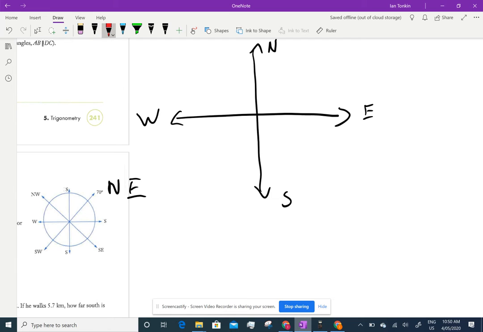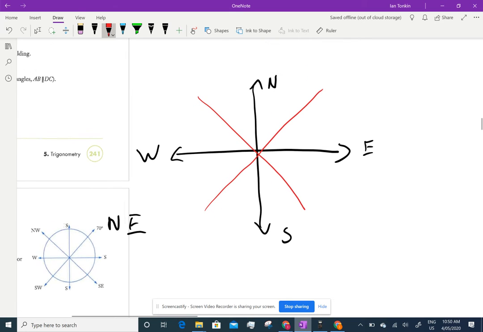Now, you can go to an 8-star compass, and you can even go to a 16-star compass. But here we get northeast, and we get southeast, and we get northwest, and we get southwest.